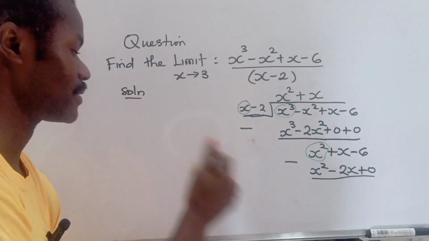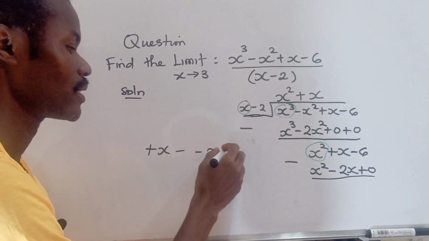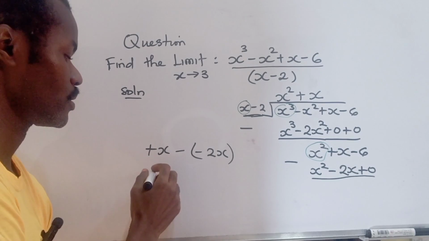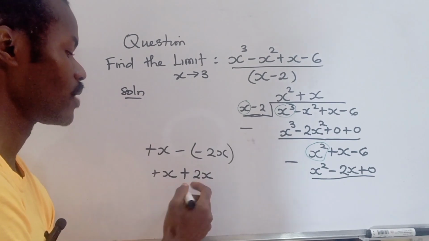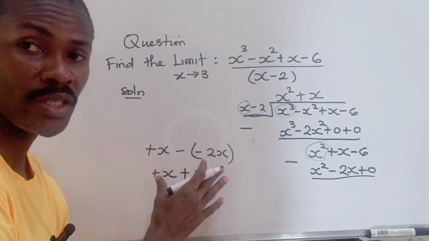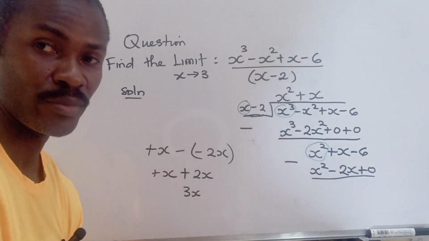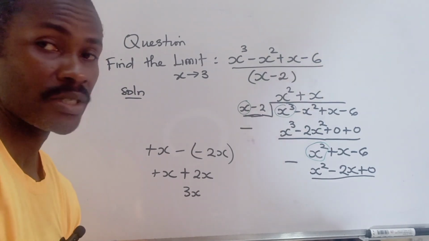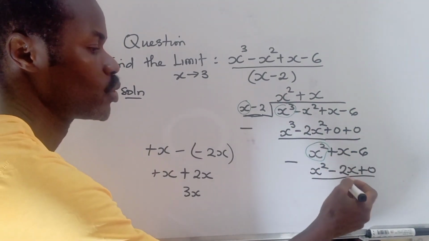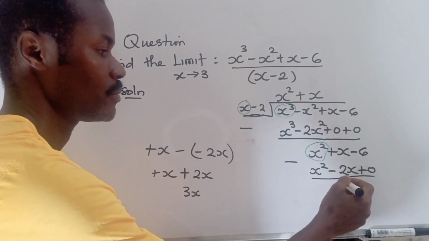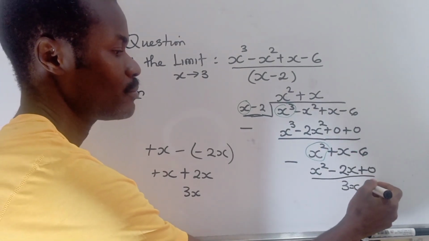Now plus x minus minus 2x: minus times minus is plus, so we have plus 2x, so this is 3x. I'm just showing it so that everything is so clear when you are doing polynomial division, so that you see clearly what I'm doing here. So plus x minus minus 2x is actually 3x. We have minus 6 minus plus 0, which is still minus 6.